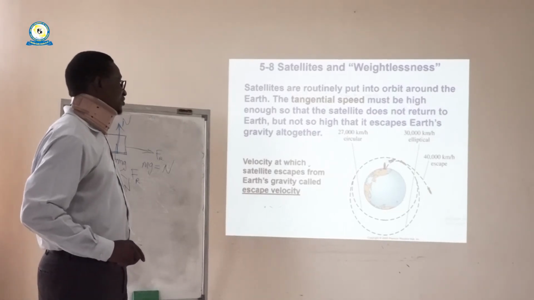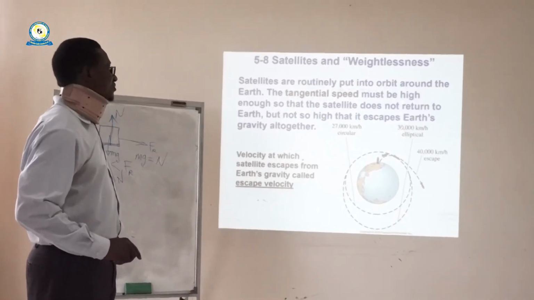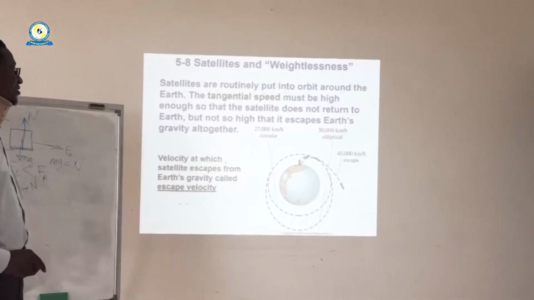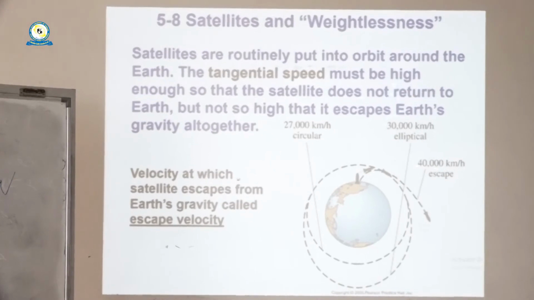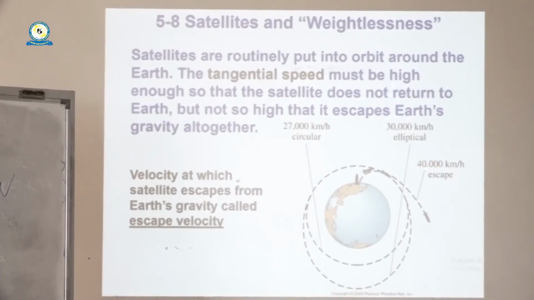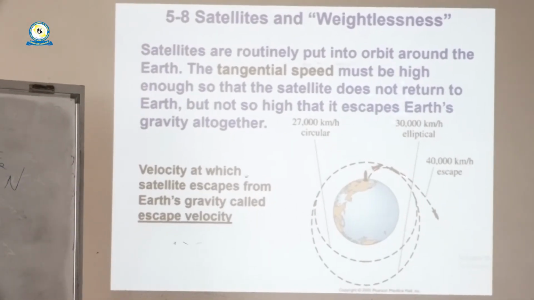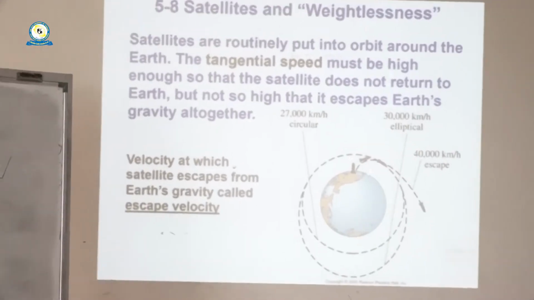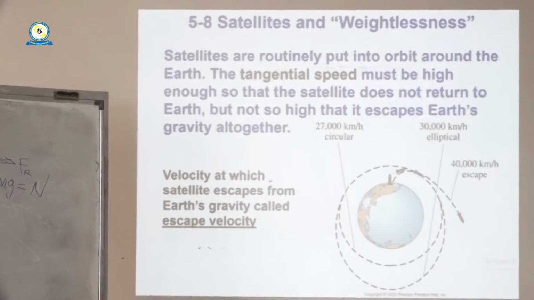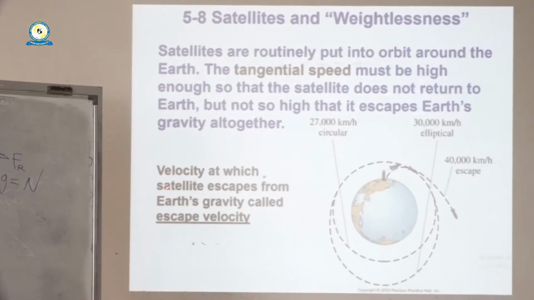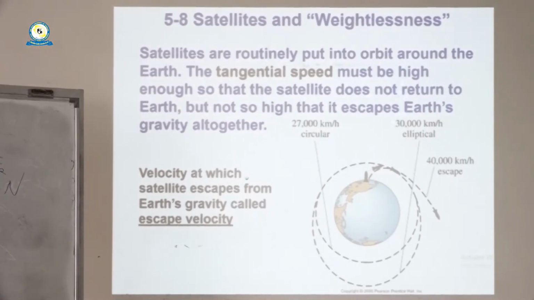To achieve an elliptical shape, the speed must be 30,000 kilometers per hour. Escape velocity is 40,000 kilometers per hour. With this shape, the satellite will escape from the Earth and is of no use. The velocity at which a satellite escapes from Earth's gravity is called escape velocity.